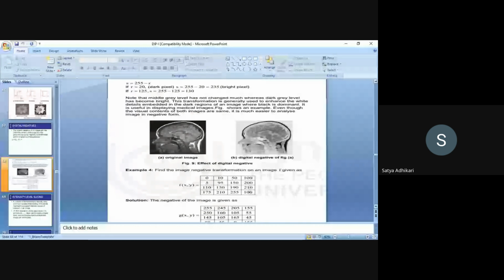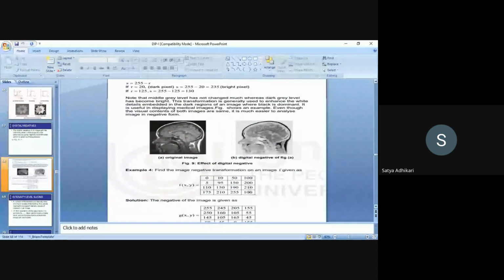Similarly, if r is equal to 125, s is equal to 130, 255 minus 125. So the middle gray level has not changed much, whereas the dark level has changed. The middle value does not change much, because you see here r is 125, s is 130. So 125 and 130 almost look the same, because they are middle values. 125 is close to 128, 130 is also close to 128, so you cannot distinguish them.